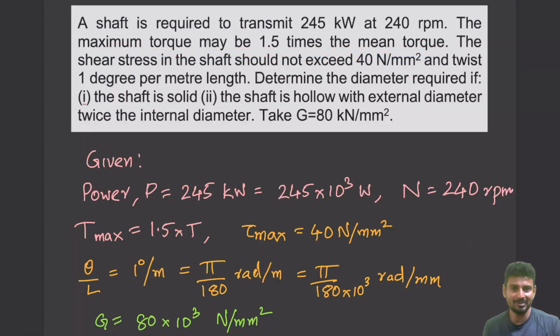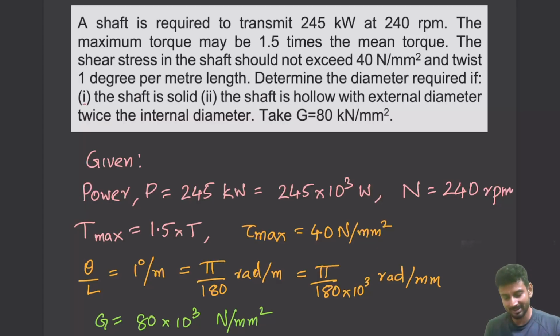Sometimes when the shaft starts operating or rotating, the torque values can exceed the operating torque or the mean torque. So in the question, it is said that the maximum torque may reach up to 1.5 times the mean torque. So we have to calculate the maximum torque as 1.5 into T, and we have to use T max in all the equations for calculations.